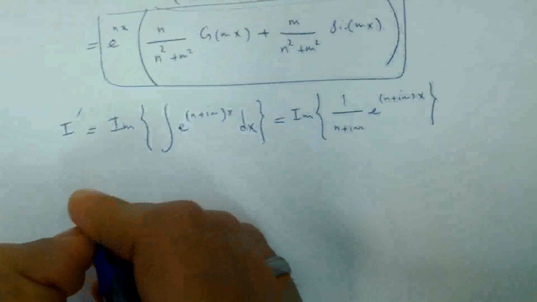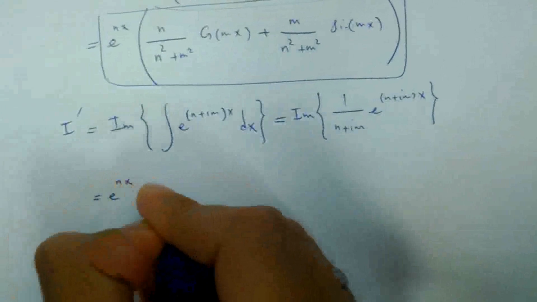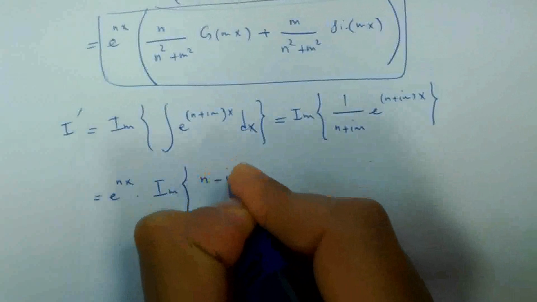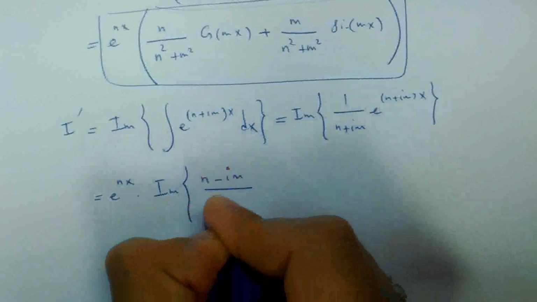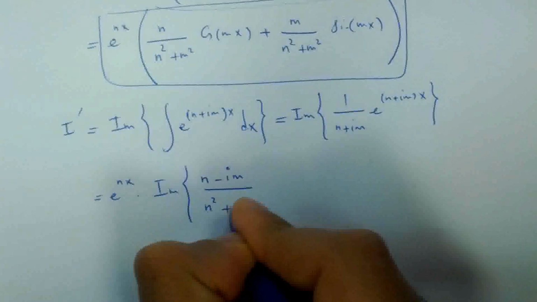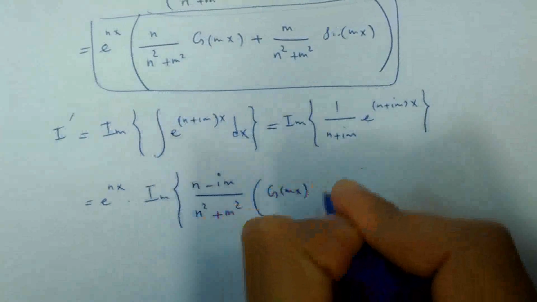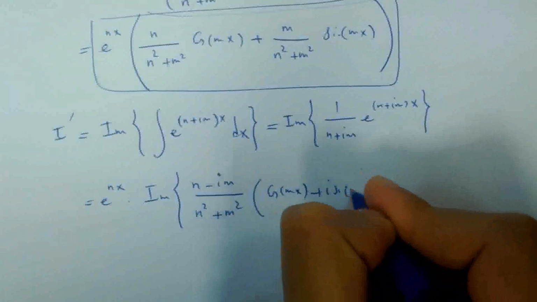So this will be e to nx times the imaginary part of (n minus im) over (n squared plus m squared) times cosine of mx plus i sine of mx.